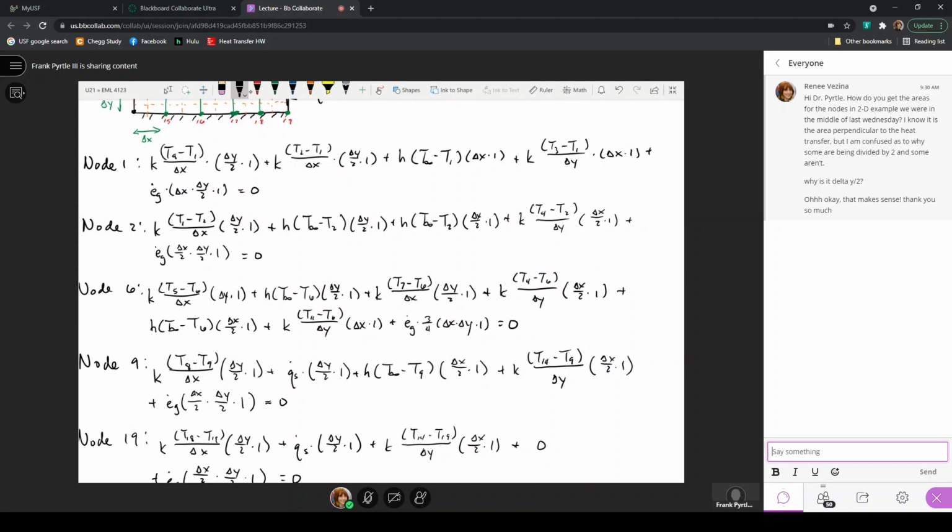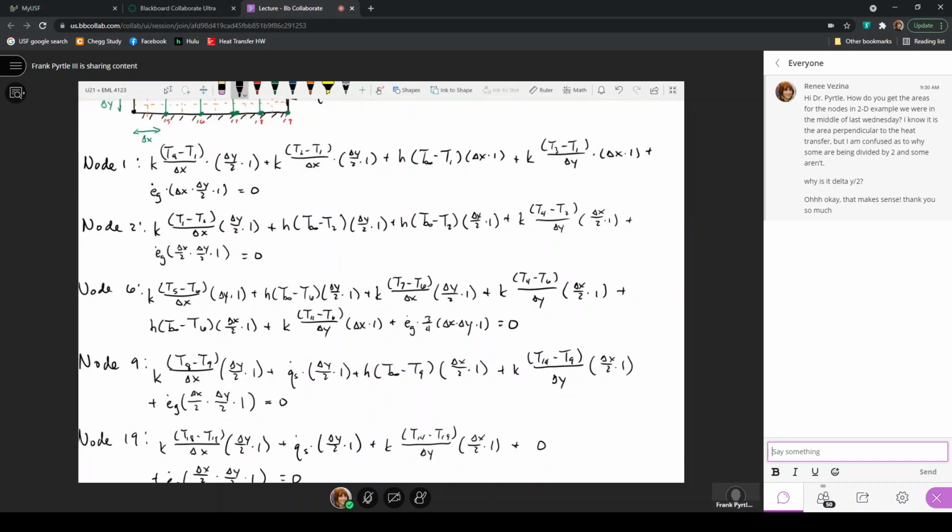So we move this term to the right-hand side of the equation. That would just be the negative of this term. And we'd also have another constant that would be H times T infinity times delta X. That will be a constant that we move to the other side of the equation, so it becomes a part of that value that is a constant. And also this expression of K times TA times delta Y divided by delta X times 2, because TA is a constant, the temperature on the left side of that wall.